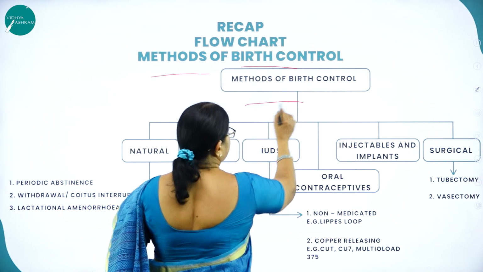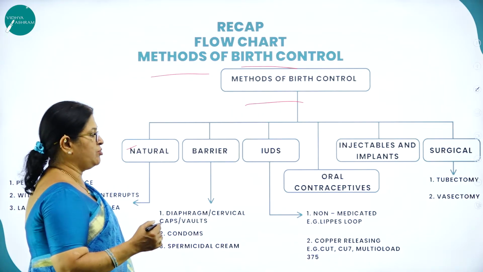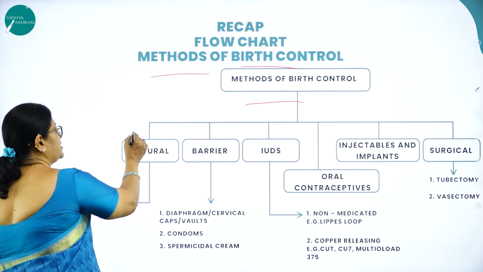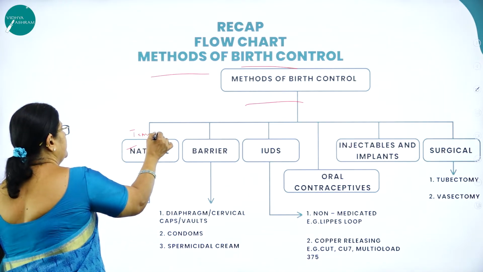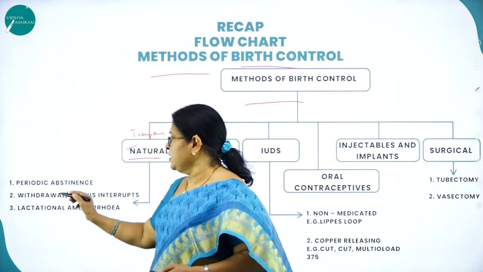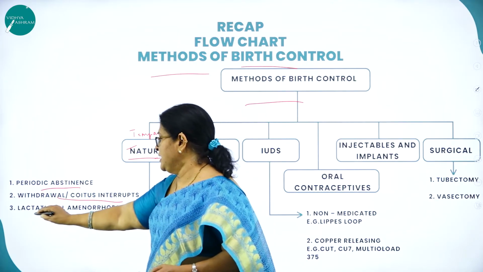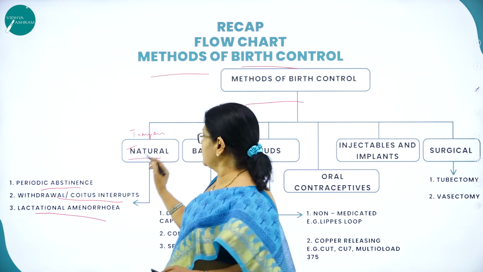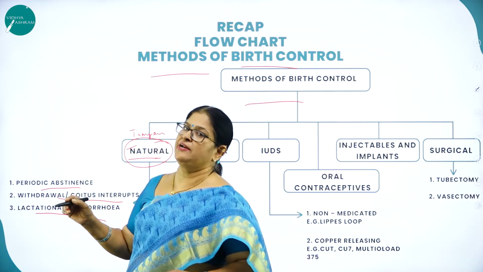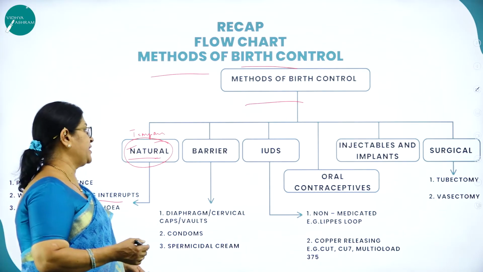As I said, we classify them into temporary and permanent methods. Temporary methods include the natural methods: periodic abstinence, withdrawal, that is coitus interruptus, and lactational amenorrhea. All these are called natural methods, which have fewer side effects, and are natural ways of avoiding unwanted pregnancy.